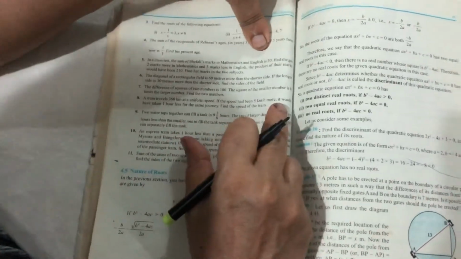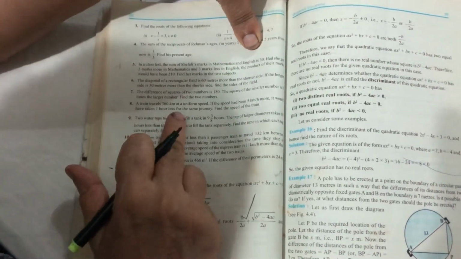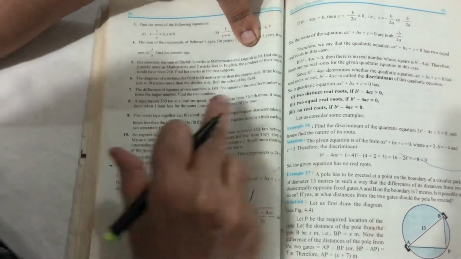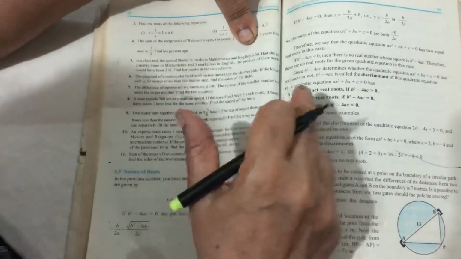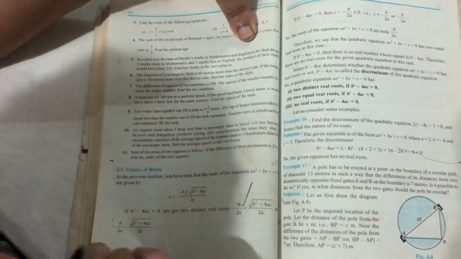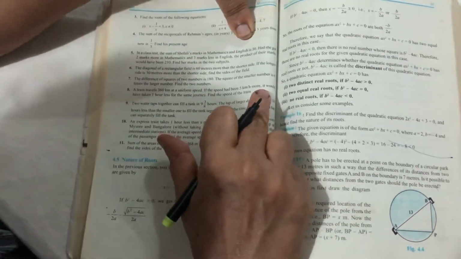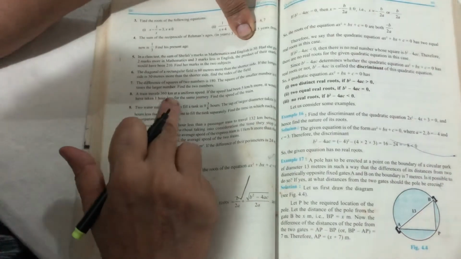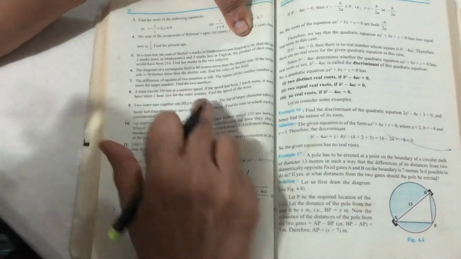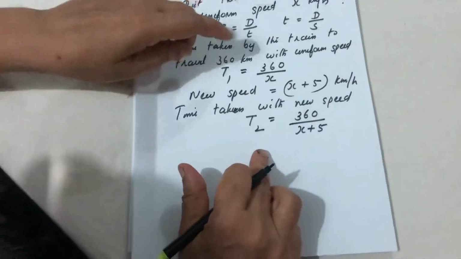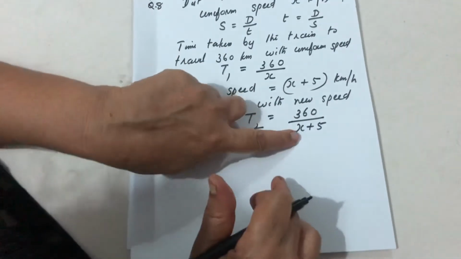So here it is given, it would have taken 1 hour less for the same journey. That means the speed is increasing, then you know that the time is decreasing. So therefore it would have taken 1 hour less for the journey. Which time is more, 360 by x or 360 by x plus 5?